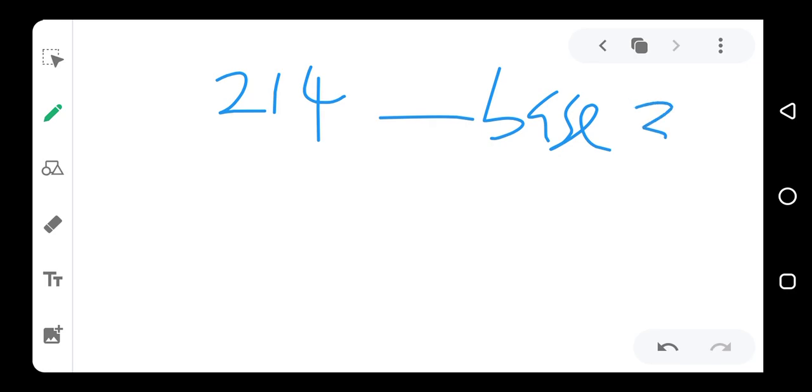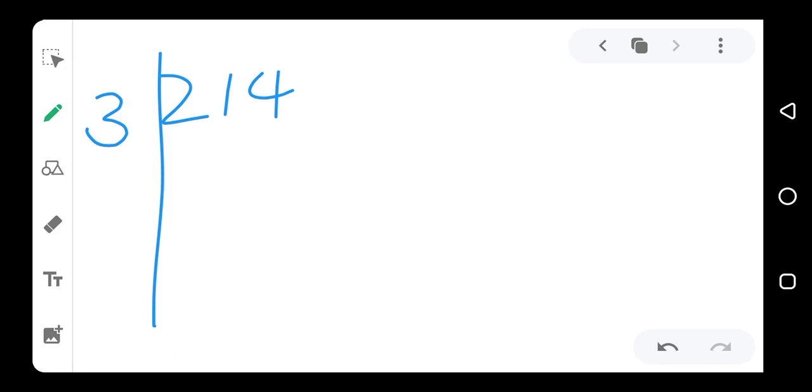So we are going to have 214 to base 3. How do we do it? If we are converting from base 10 to any other base, we divide by that base and then count the remainders. So 214 divided by 3. We are converting to base 3, so we are dividing by 3.